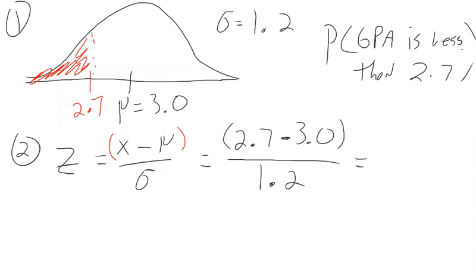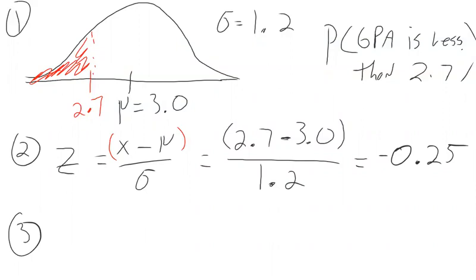And what do we get? Negative 0.25. Good. So then our third step is we follow the chart. Our z is negative, so we are on the negative side.